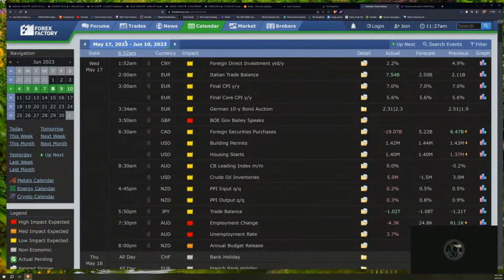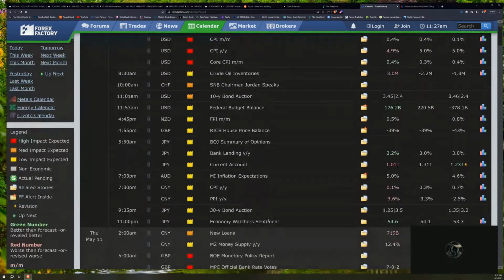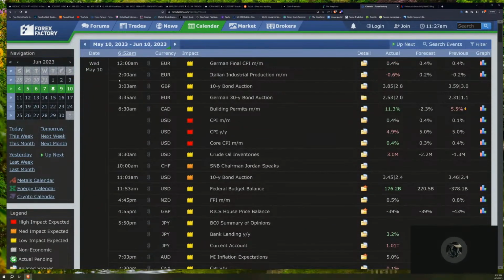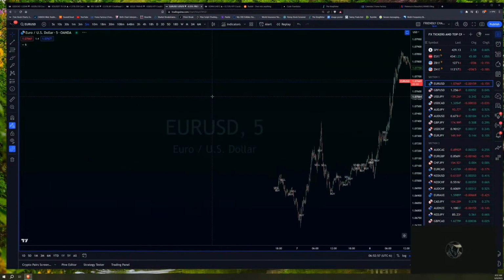Maybe it was the week before that. May 10th, CPI, here's a good one. So Wednesday, 6:30 a.m. CPI. Okay, so that's May 10th. So we'll go to our chart and we'll take a look at Wednesday, May 10th.